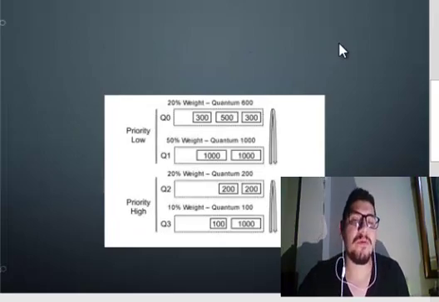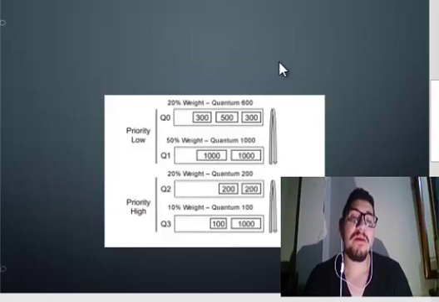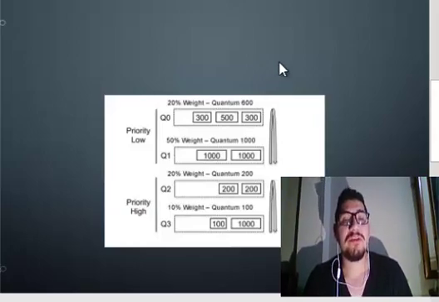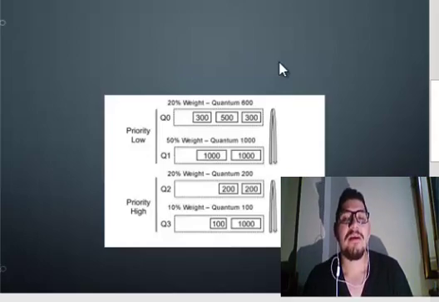Now, in this example, we can see four queues: Q0, Q1, Q2, and Q3.